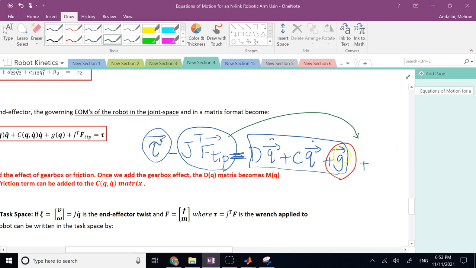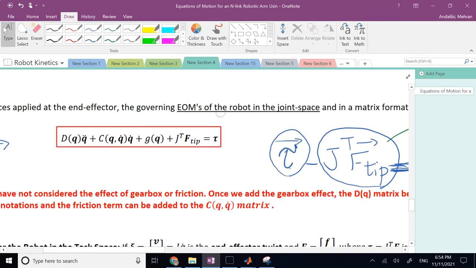Now, if in addition to canceling the weight and applying so much force by the end effector to the environment, you also need to accelerate the joints, then these two terms will also come into play. So you clearly see this total equation: these two are for motions of joints, this is the torque that you need for that.